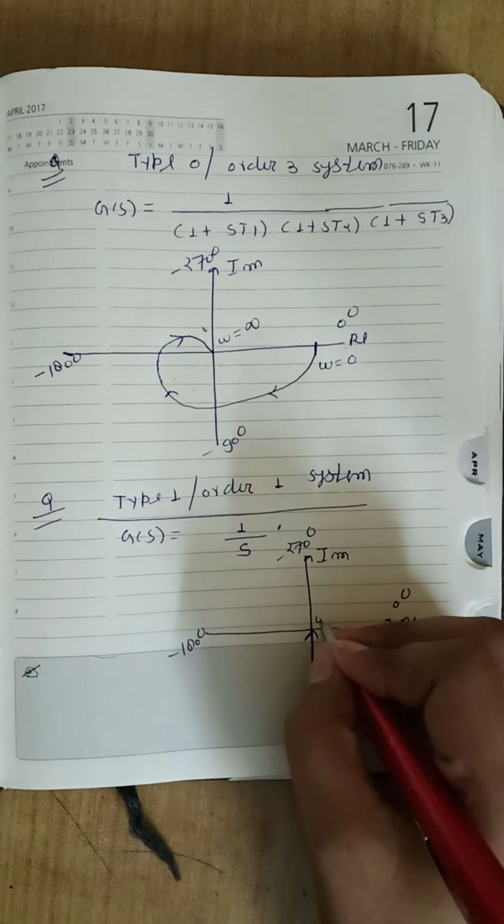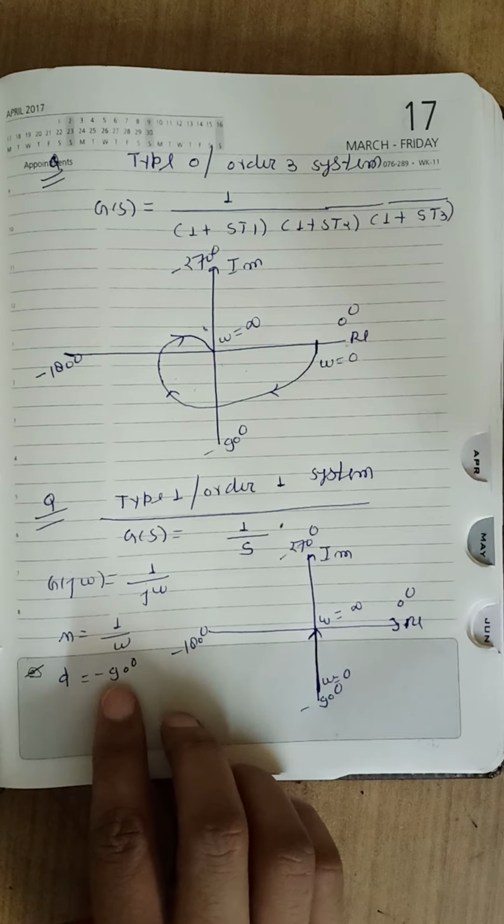Here we have omega equal to infinity. Let us verify. We can write G(j omega) as 1 over j omega. So magnitude becomes 1 over omega, and phase angle becomes minus 90 degree. That means for omega equal to 0, we have phase angle minus 90 degree.